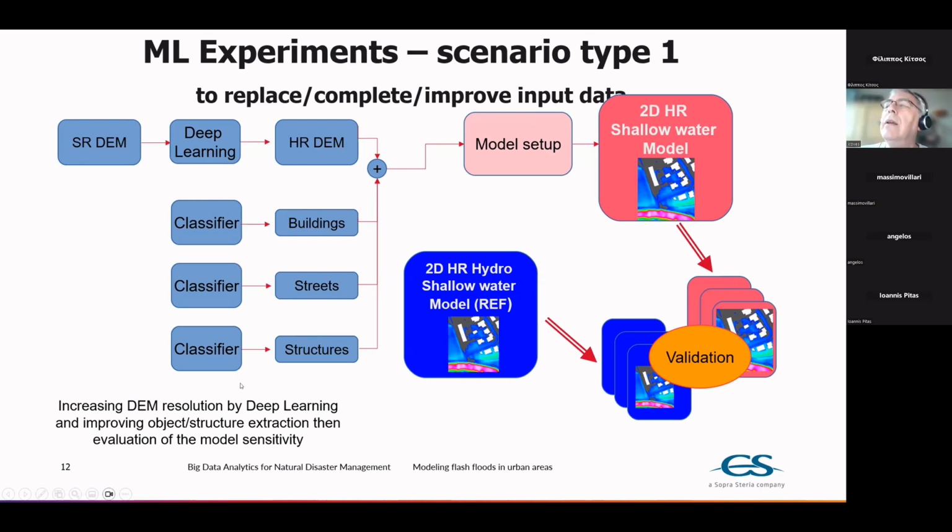And then with different classifiers to extract the buildings, the streets, and structures, to enter that in the AI model, check for different events, and always validate the result against the hydrologic model.